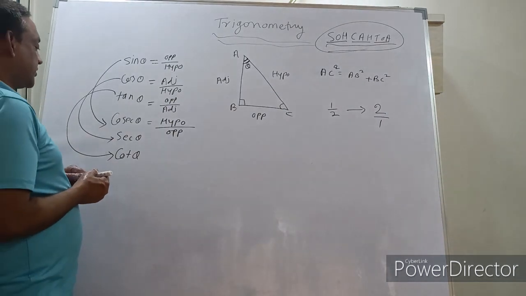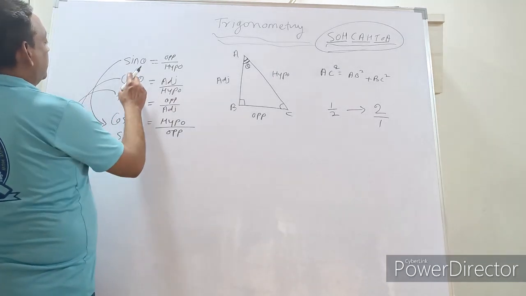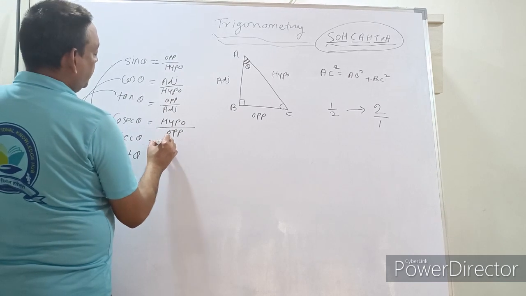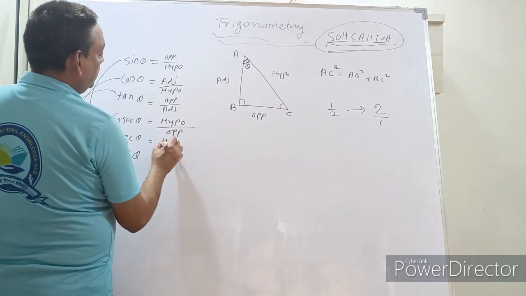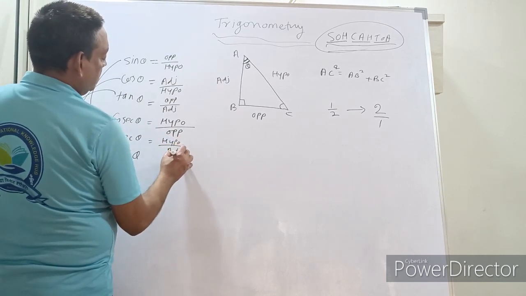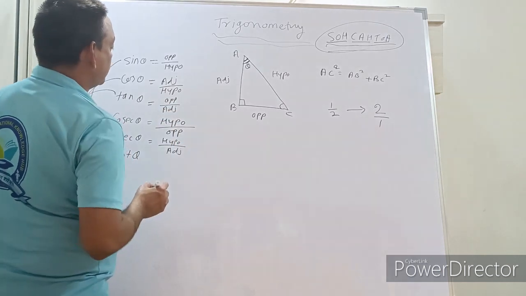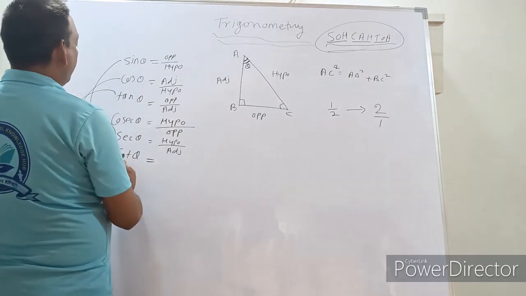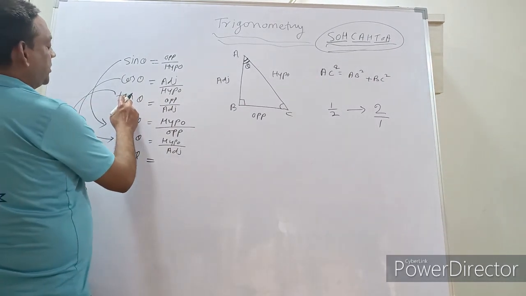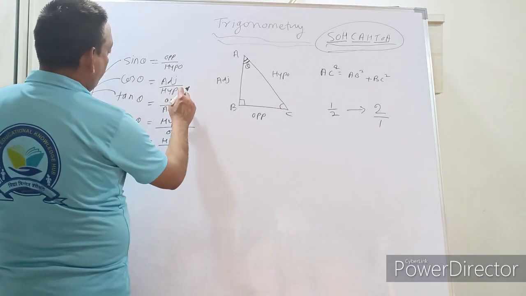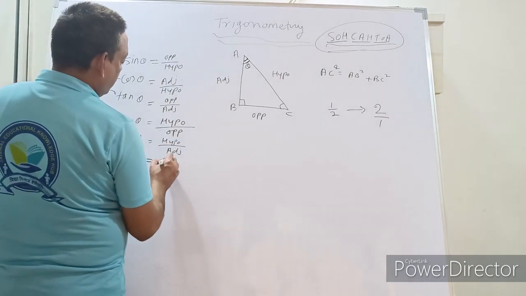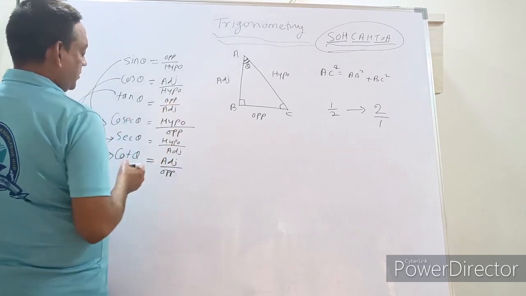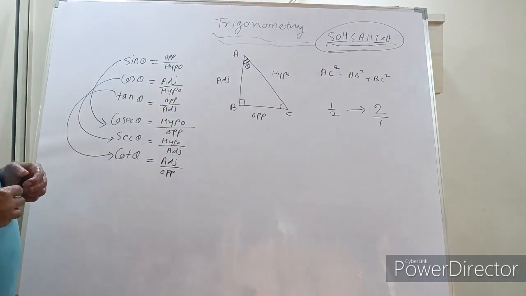Then the next one is sec theta, which is the reciprocal of cos. Cos is adjacent upon hypotenuse, so this will be hypotenuse upon adjacent. The next one is cot theta, the reciprocal of tan, and the formula of tan is opposite over adjacent, so this becomes adjacent upon opposite.